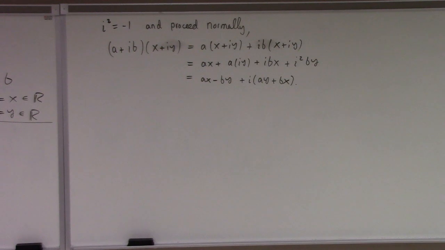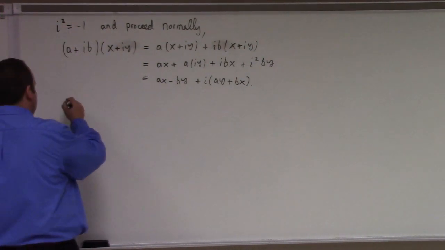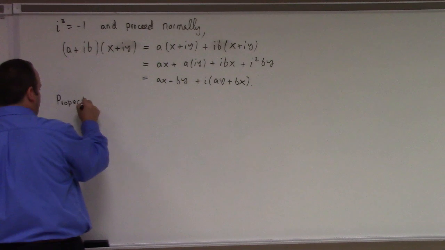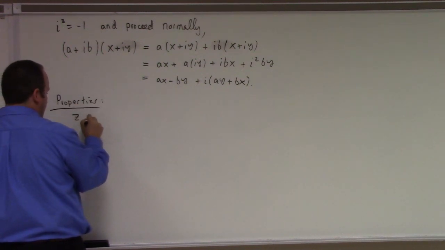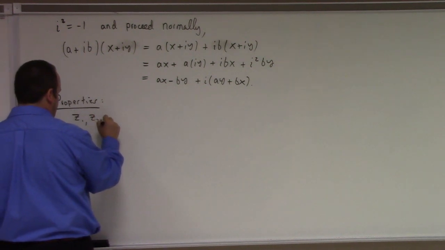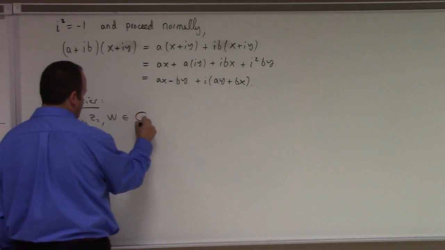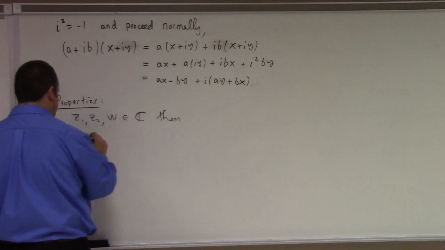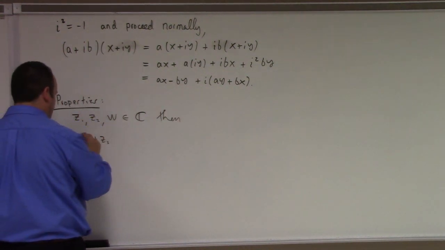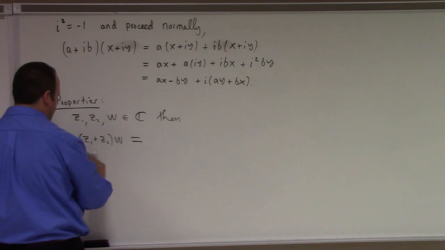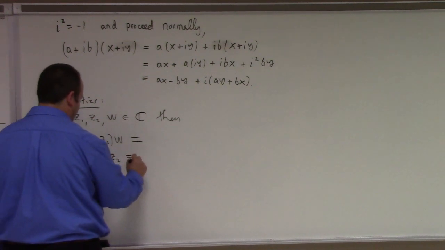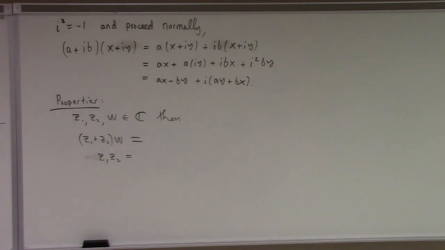So what are the properties of complex arithmetic? These are all the usual properties. If I have z1, z2, and let's say w in the complex numbers, then you guys can tell me what is z1 plus z2 times w, and what is z1 z2 equal to? What other properties might we think about?